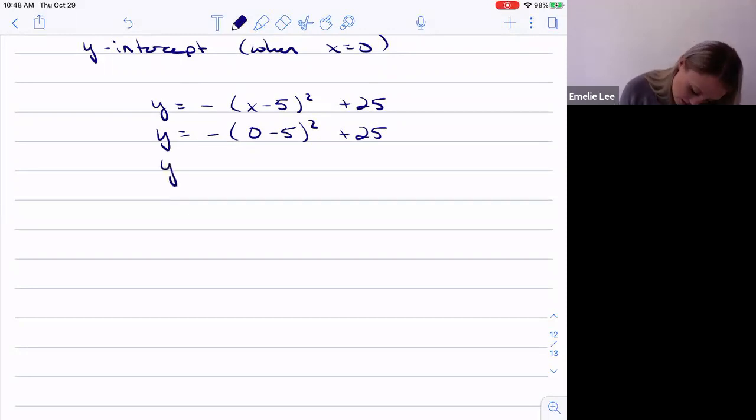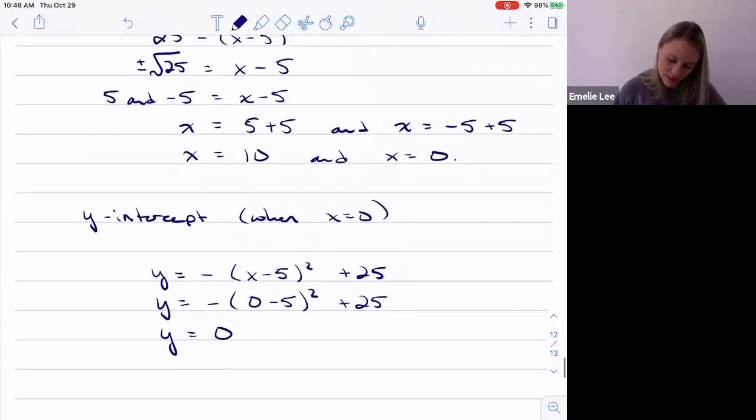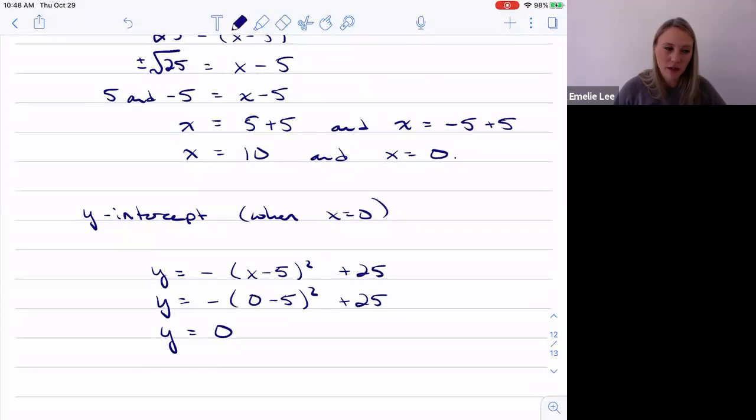Negative 5 squared is 25, so negative 25 plus 25 is just 0. So the y-intercept is at (0, 0). Makes sense, since it goes through x equals 0 for the x-intercept. We kind of expected that.